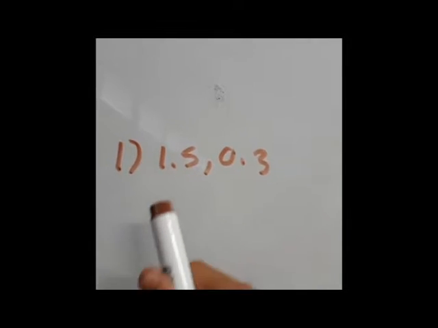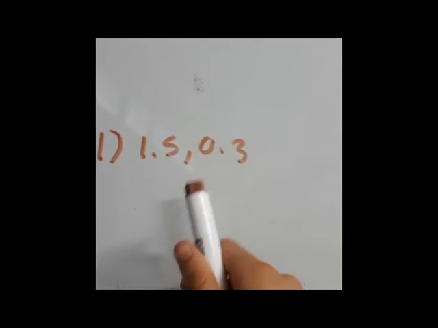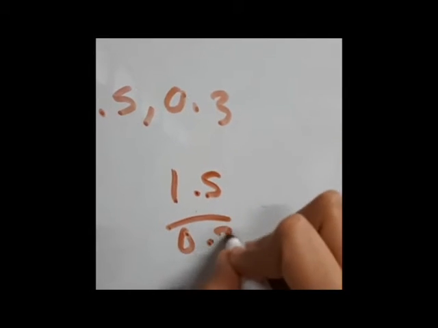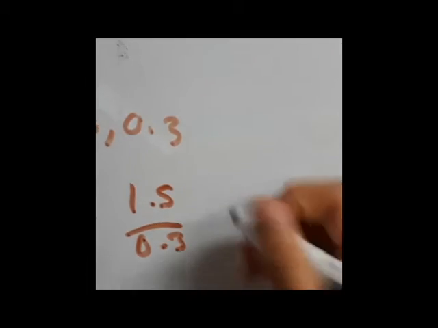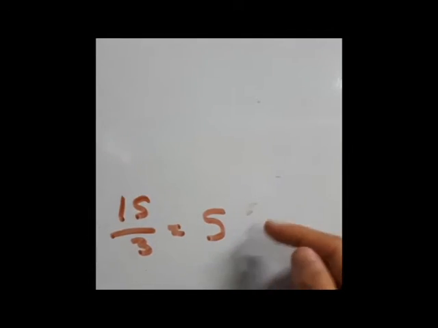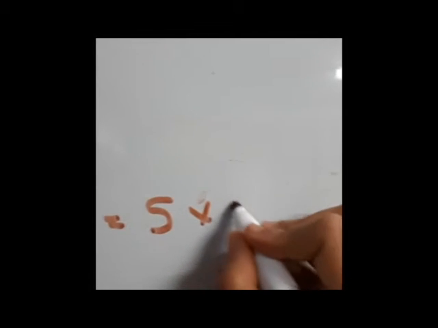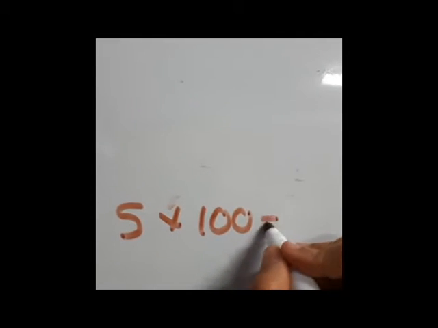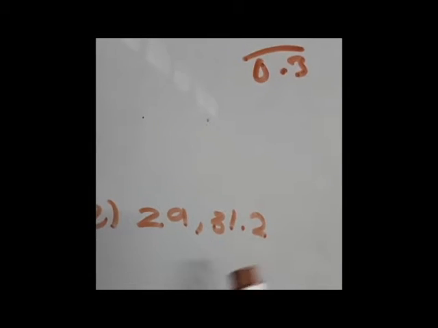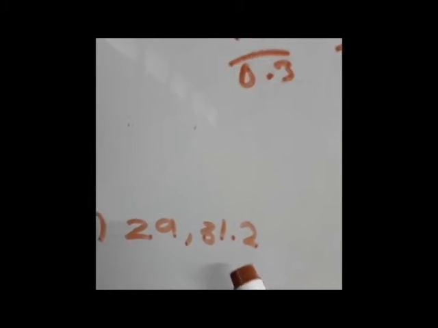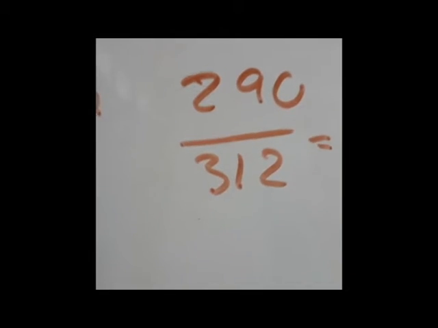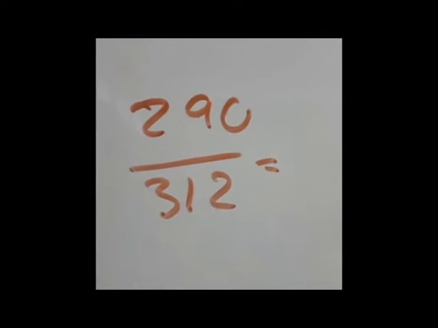Now for some questions. Express the first amount as a percentage of the second amount. 1.5 over 0.3. No decimal places in a fraction, which will give us a new fraction of 15 over 3, which is 5. But we have to multiply this by 100 because we want to figure out the percentage. So the answer would be 500%. And 29 over 321.2 as a percentage. This fraction would remain as it is.